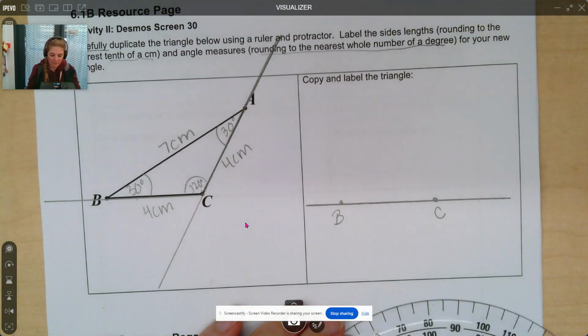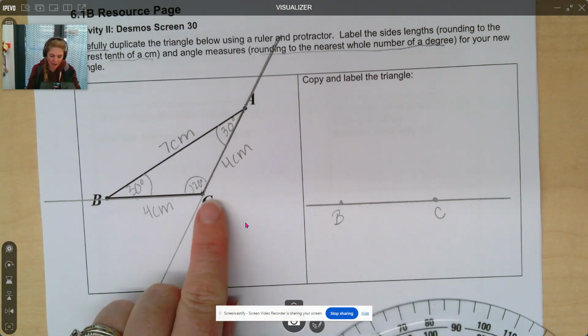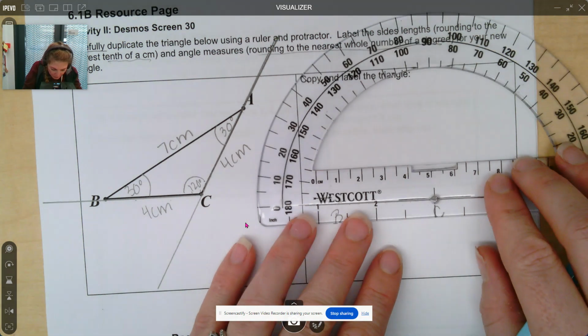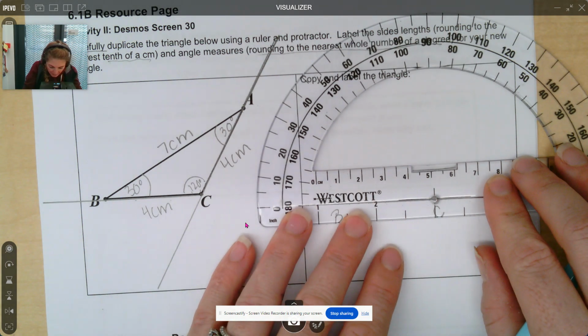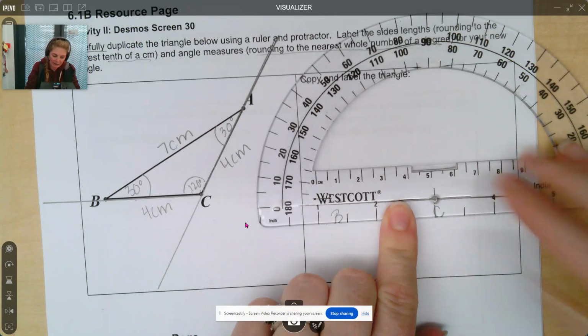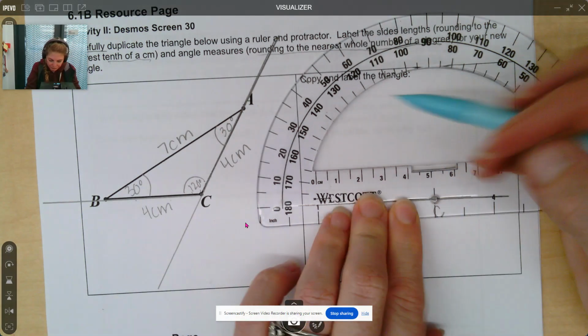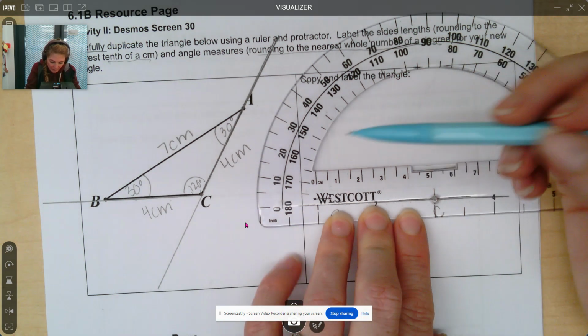Perfect. From here, I'm going to start with the 120 degrees, and I'm going to take it from BC. One of the reasons for making this nice long line is that I don't have to extend it too much to measure my angles.